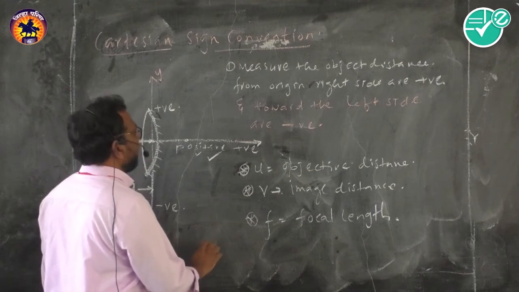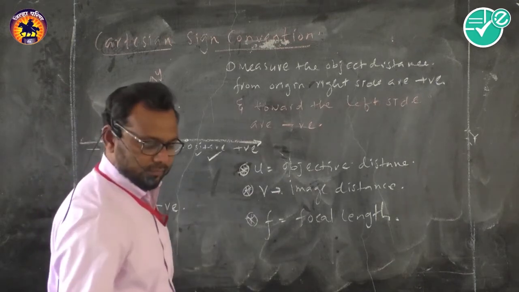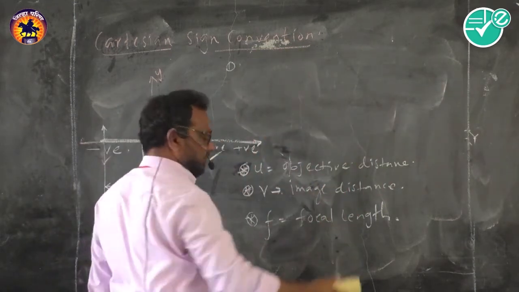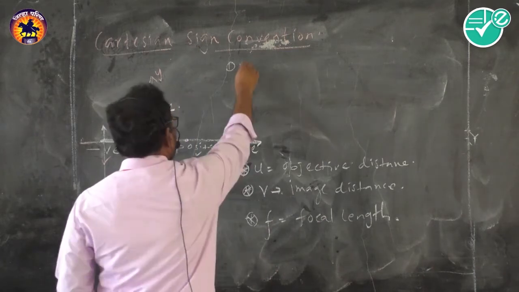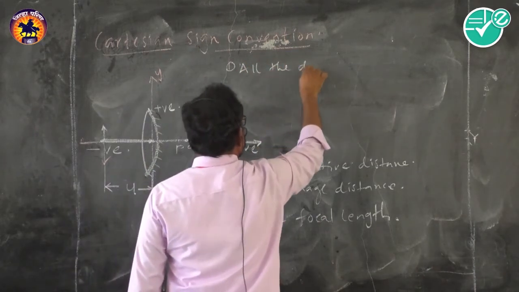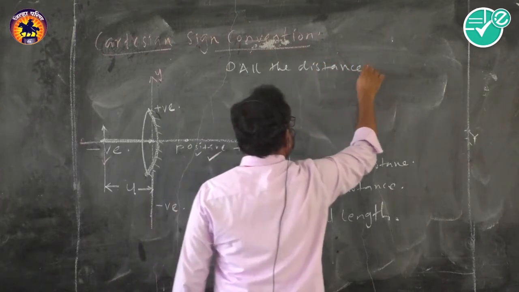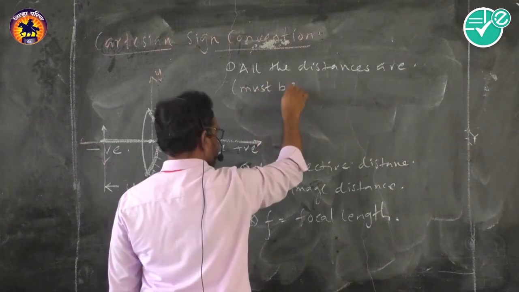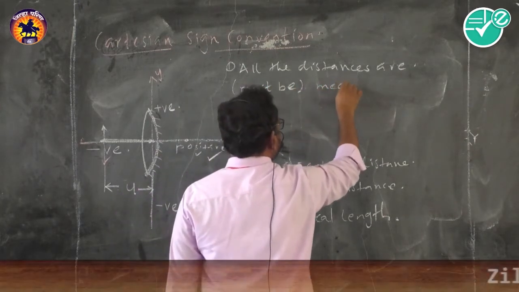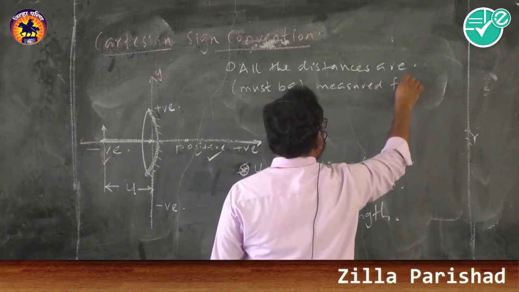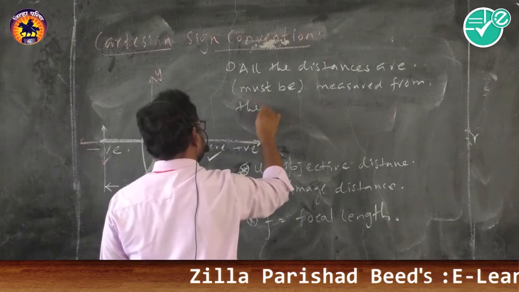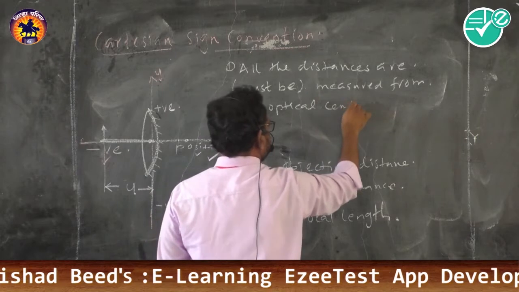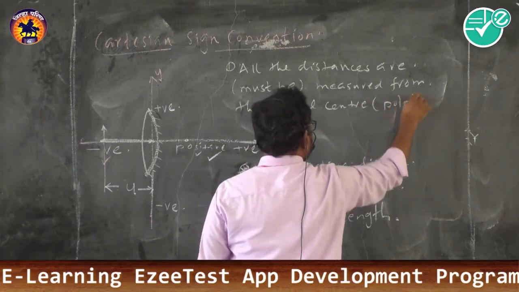The next sign convention is that all the distances must be measured from the optical center, that is the pole.